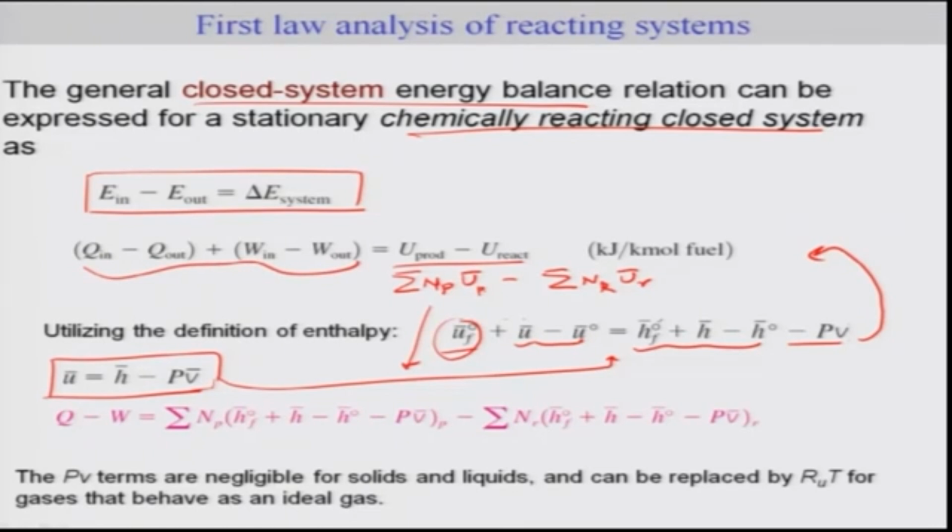This itself can be written, using the sign convention, simply as Q minus W. Thus the chemically reactive closed system energy balance can be written in this form: Q minus W is equal to the total enthalpy of the product minus the total enthalpy of the reactant. In this PV term, note that we can neglect it for solids and liquids, and it can be replaced by R_u T for gases that behave as an ideal gas.